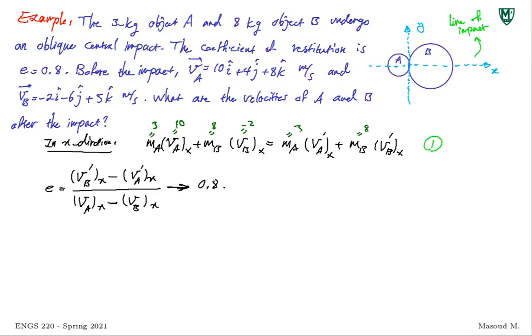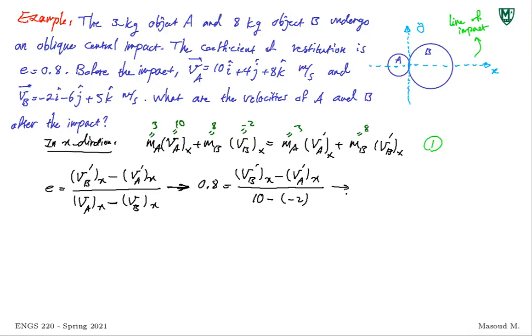E we know is 0.8, right? VB'X, well, we don't know that, that's what we want to find. VA'X we also don't know in the x direction. These are the velocities after the impact that we're looking for. Then we have 10 minus -2.